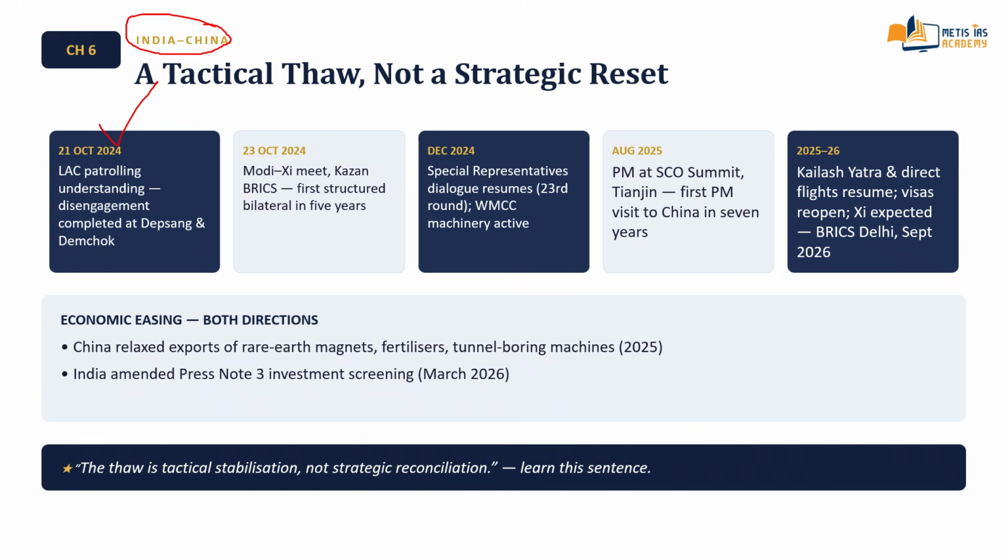Think about it. Can countries significantly expand political trust, economic engagement, or people to people exchanges if prolonged military tensions continue along the border? Naturally, that becomes extremely difficult.